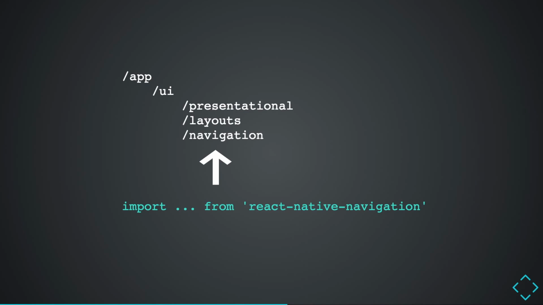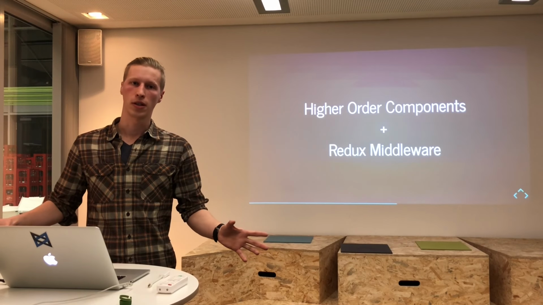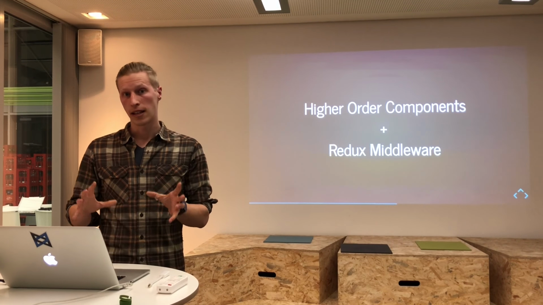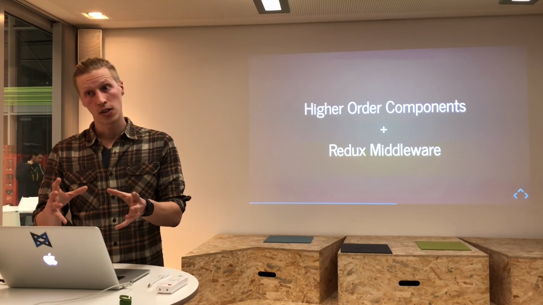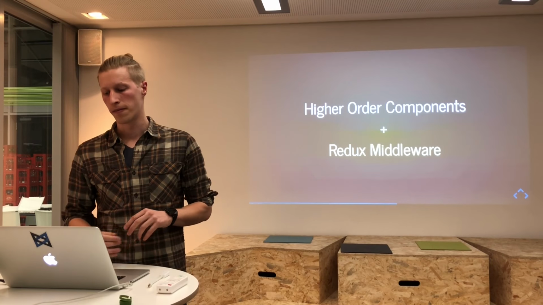Some of these tools promise, oh, you can set these static properties on your classes and then it'll just automatically work. Well, you have to refactor all of that when you're no longer using that tool. So don't let it impact the rest of your application. And you have two main tools to accomplish this: higher order components, go figure, and Redux middleware. With these two tools, you can completely isolate any navigation solution and isolate your pure application from the implementation details of your navigation library.